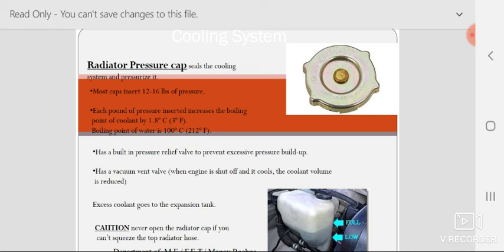At that time, the bubbling liquid tries to come out. Or even at the inlet of the radiator, if they open it, very hot fluid comes out. That hot fluid you accommodate in the expansion tank nearby. It's a simple reservoir. The extra volume of fluid which expands due to heating goes there and gets collected.